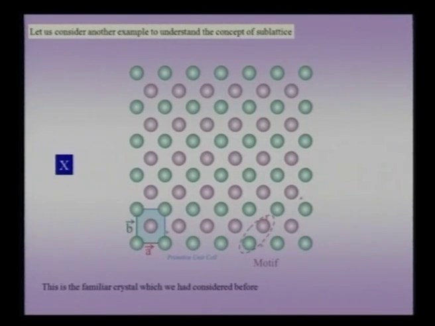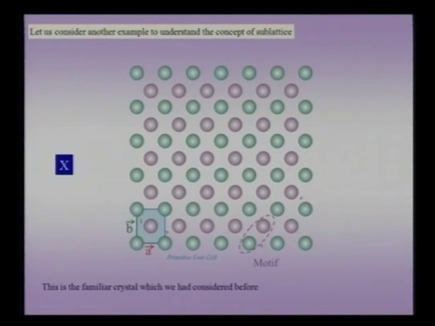We had seen that such a lattice, suppose it were rectangular, would have two basis vectors A and B, and in the example we considered, A and B were inclined at an angle of 90 degrees. So, let us see how we can describe such a crystal in terms of the language of subcrystals and sub-lattices.